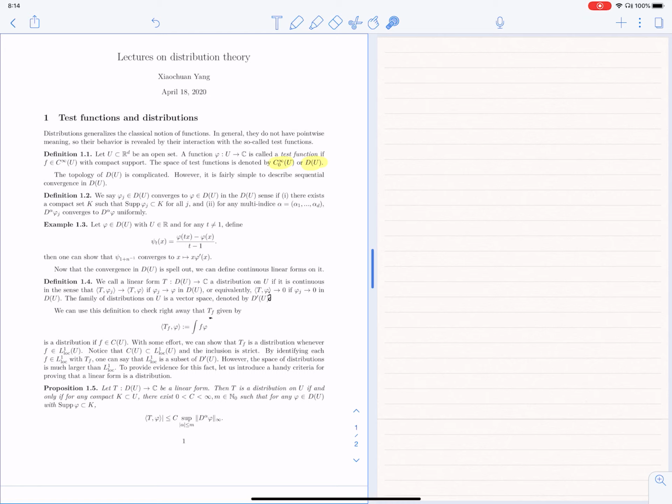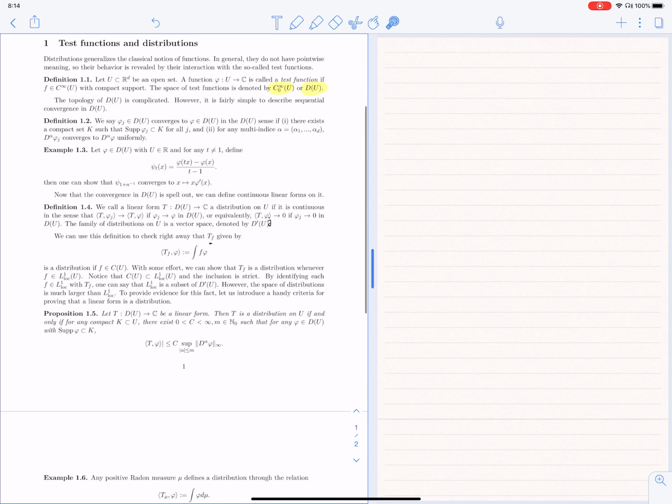However, the space of distributions is much larger than L^1_loc, and in order to show that, we can make use of the following quite handy criterion, which proves that a linear form is a distribution. This is actually equivalent to the definition of a distribution.